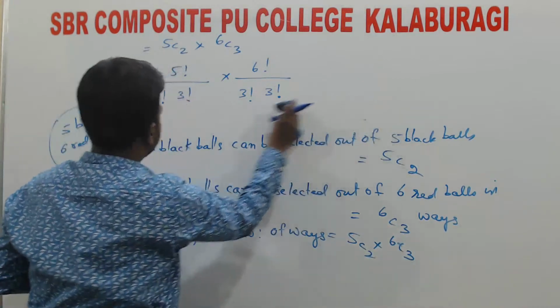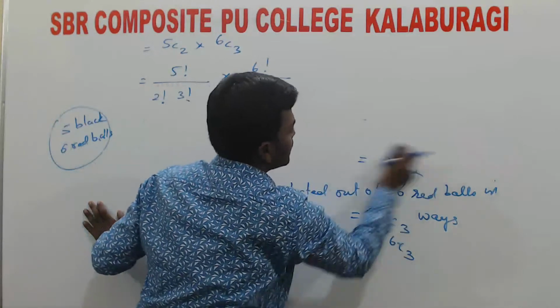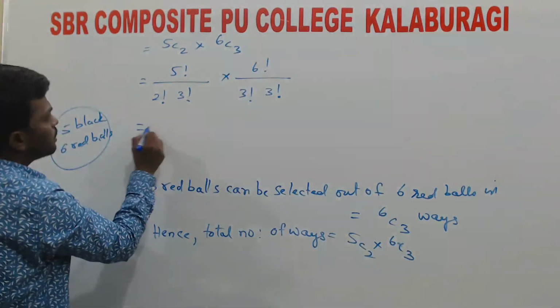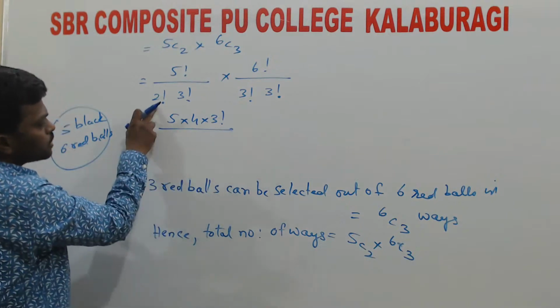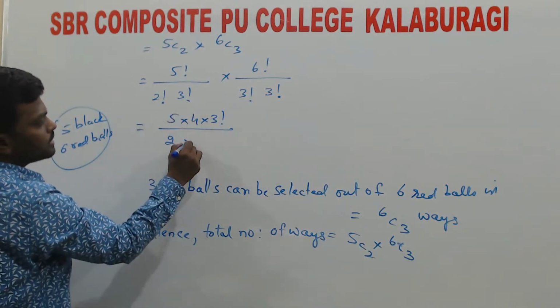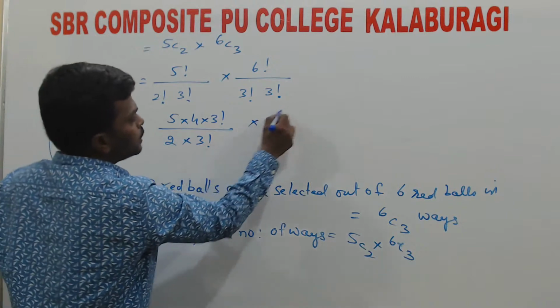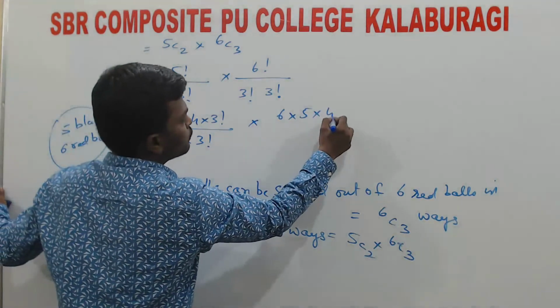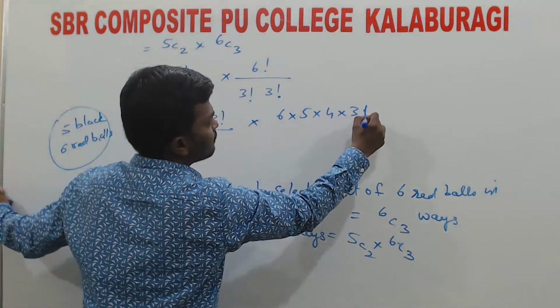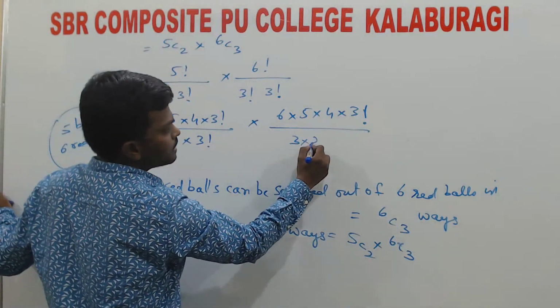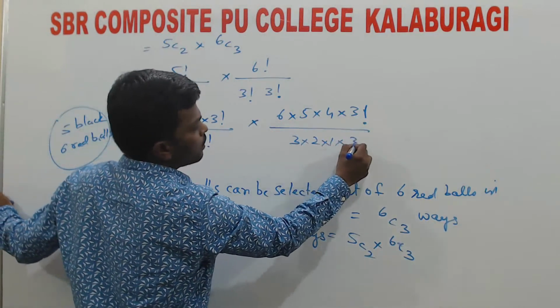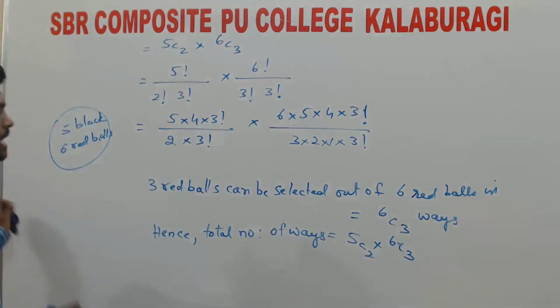I've used the NCR formula. Now let's simplify it further. 5 into 4 into 3 factorial over 2 factorial, which is 2, 3 factorial, into 6 into 5 into 4 into 3 factorial over 3 factorial, which is 3 into 2 into 1. One 3 factorial I will keep as it is.